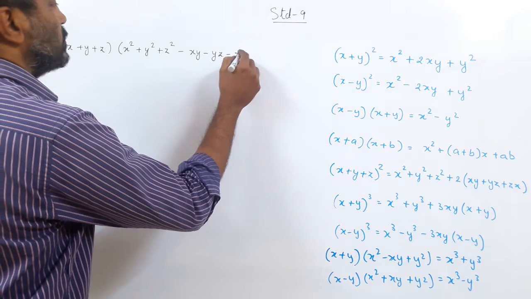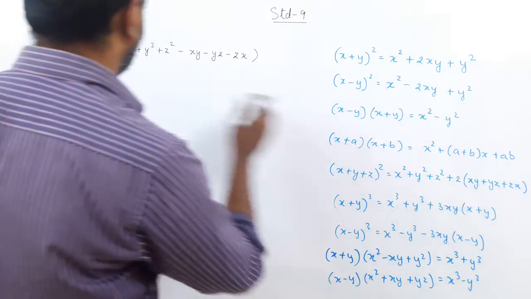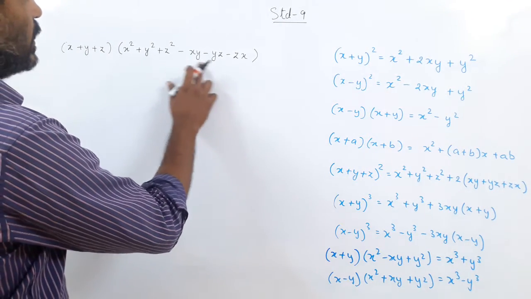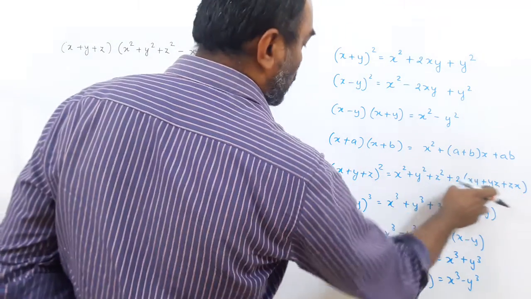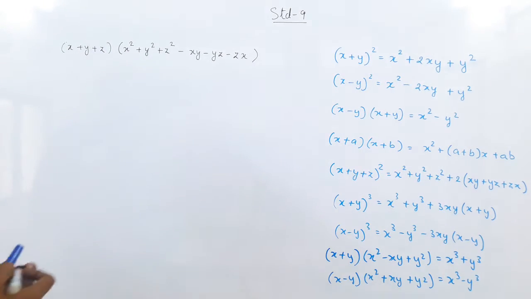yz minus zx. So remember, this formula looks similar to this one, right? But here there is a minus sign, not a plus sign, and the 2 is missing from here. But anyway, what we are supposed to do is multiply this out. Now when you multiply this, what will we get?